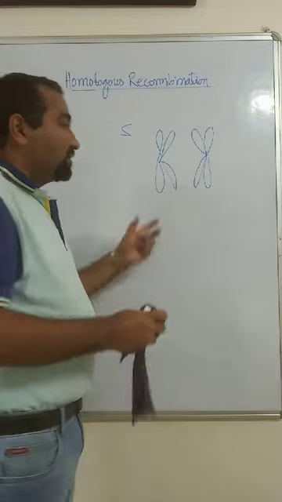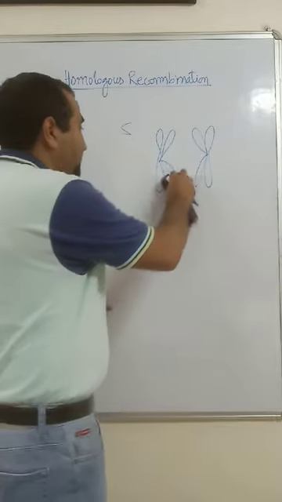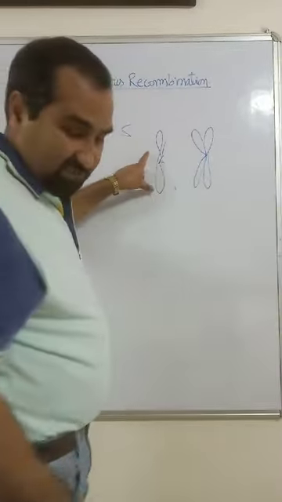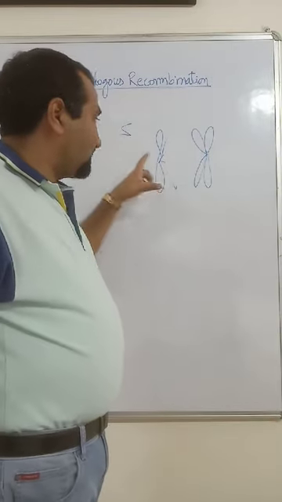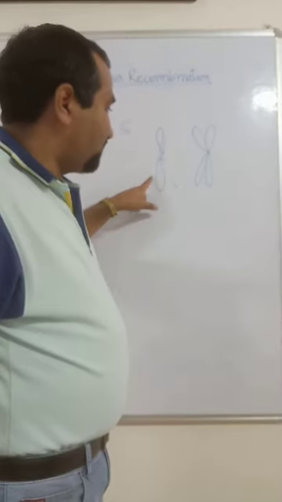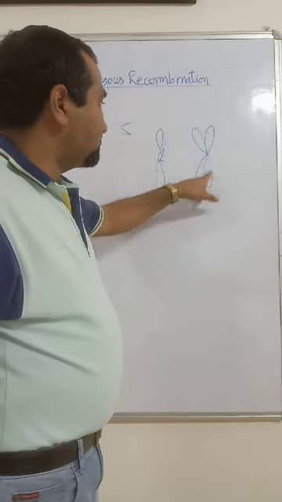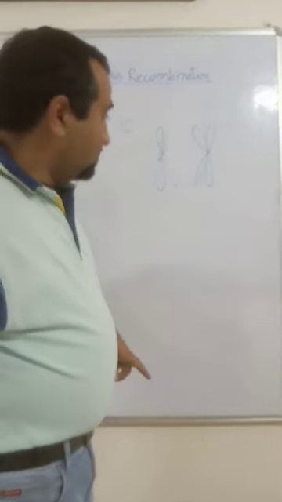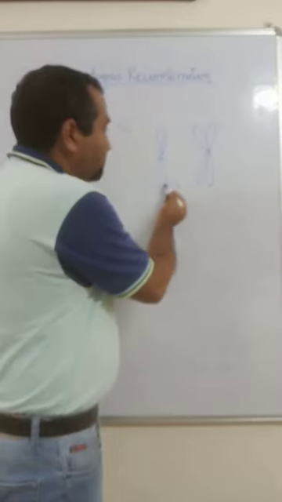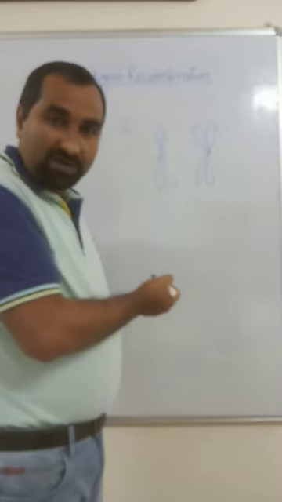It means the copy choice model, such as if this DNA is acting as a template strand for one chromosome, and this chromosome is acting as a template material, ultimately these chromosomes will start synthesizing their identical copy.